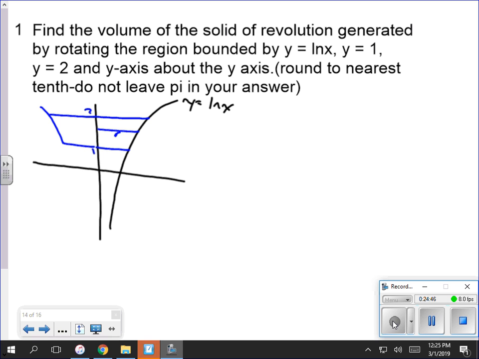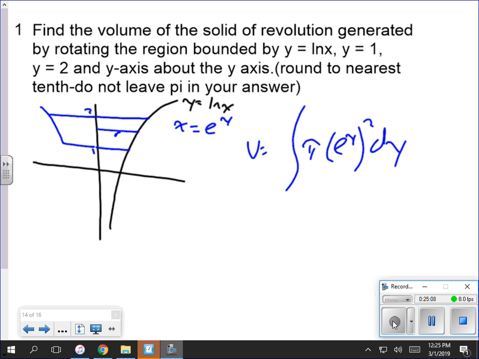So y equals the natural log of x. That means x equals e to the y, and our radius in this case is e to the y. So my volume is the integral of pi times e to the y squared dy from 1 to 2.